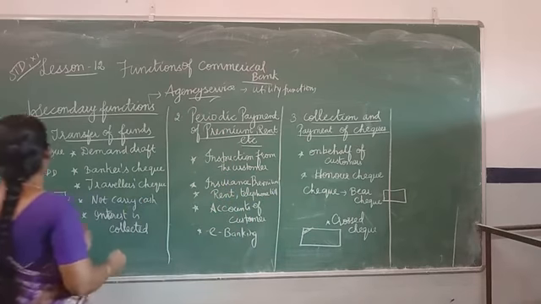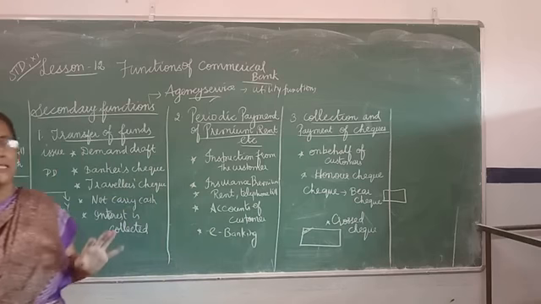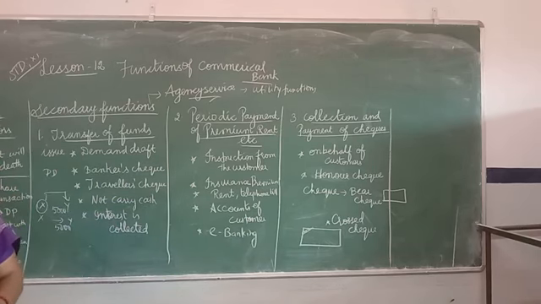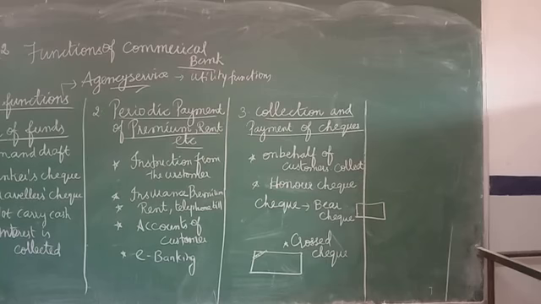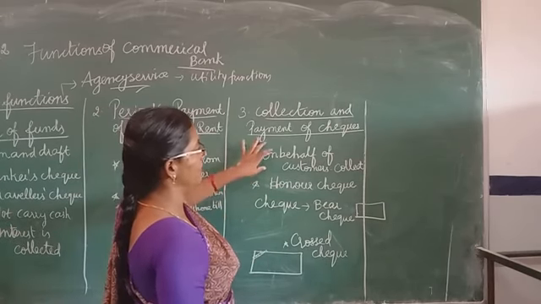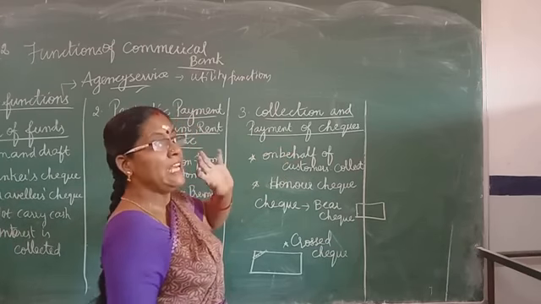Then the bank will act as an executor. Let us see how the bank acts as an executor instead of the customer. See, collection of payment of check. Collection of check means on behalf of the customer, the bank will directly collect the check.